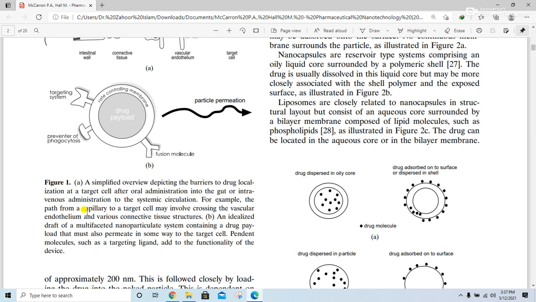For example, the path from a capillary to a target cell may involve crossing the vascular endothelium and various connective tissue structures, and an idealized drawing of the multifaceted nanoparticulate system containing a drug payload that must also permeate in some way to target cells. Pendant molecules such as targeting ligand drugs add to the functionality of the devices.